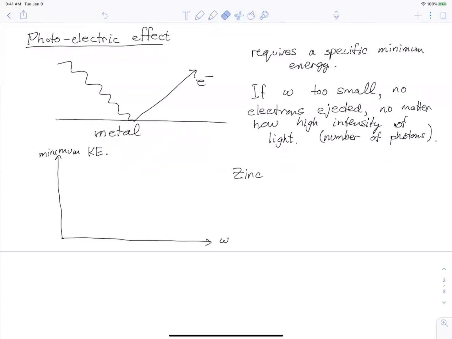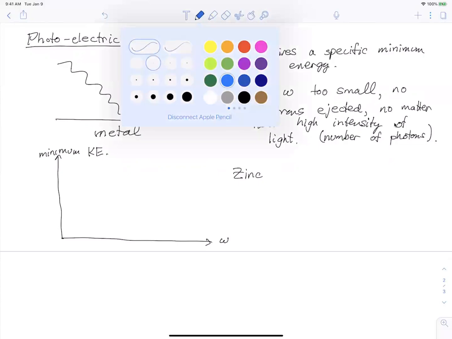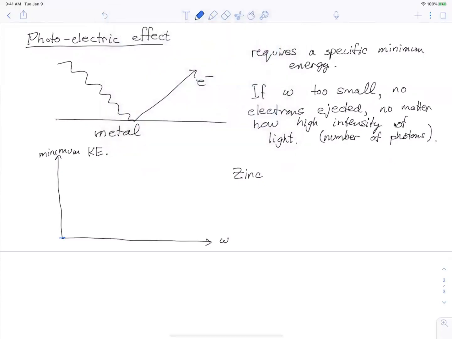Okay, then what happens is it looks like this. It's 0 until you get to some value which turns out to be in the ultraviolet, and then it rises linearly. Okay, and the slope of this line is actually h bar.